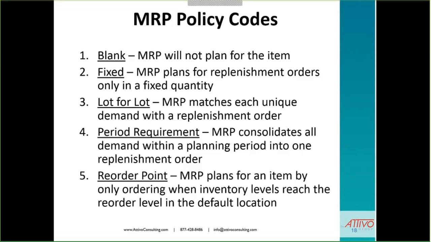And then reorder point is kind of another approach. It's kind of like using the reorder advice report or min-max inventory management, and MRP is just looking at the inventory quantity on hand and the reorder level, and as soon as it drops to the reorder level or below, it says, oh, time to make more of these or buy more of these, and order up to whatever the max is.